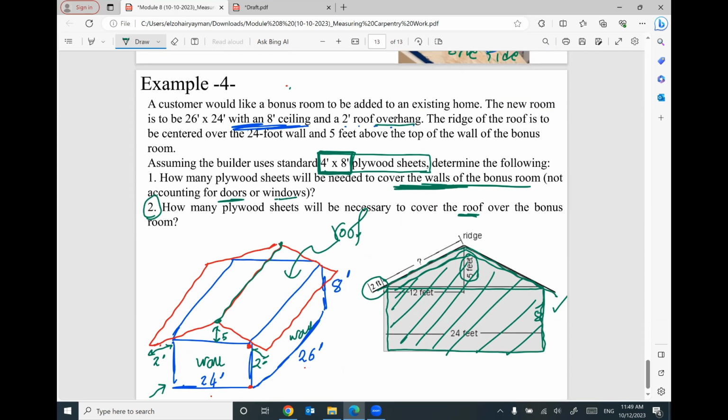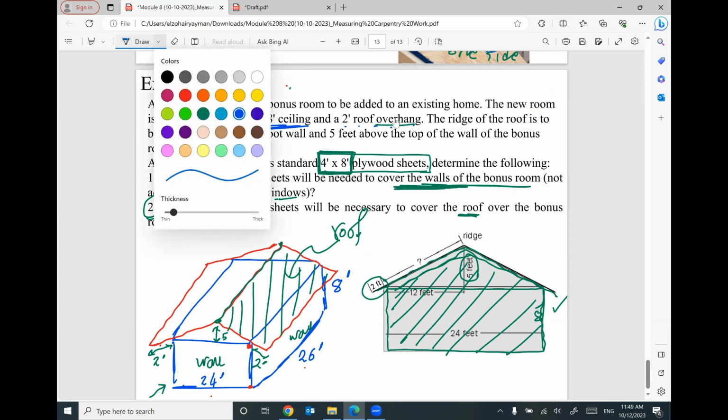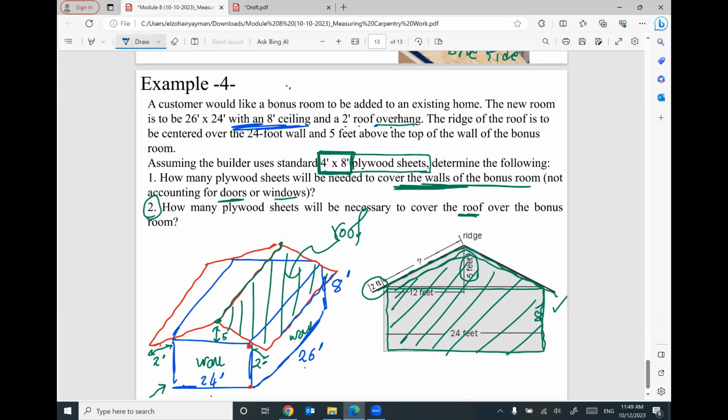If you would like to figure out the area of this shape, I can tell you what are the dimensions. I think this side dimension will be 26. What will be the dimension of this side? Part of this side is 2 feet.